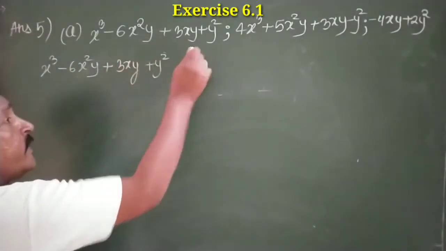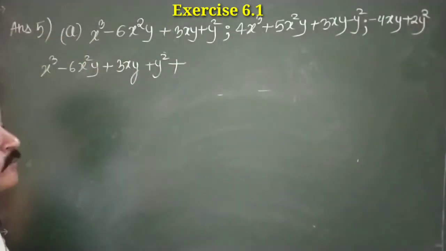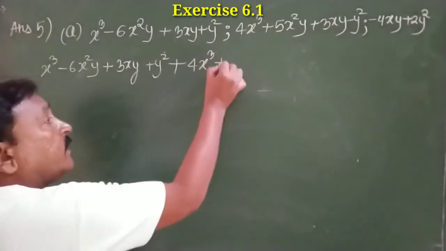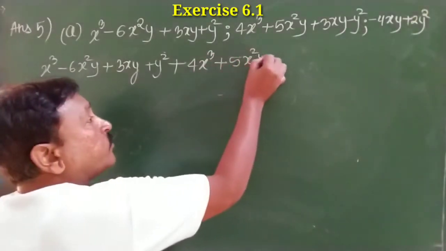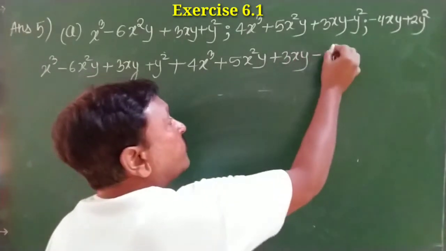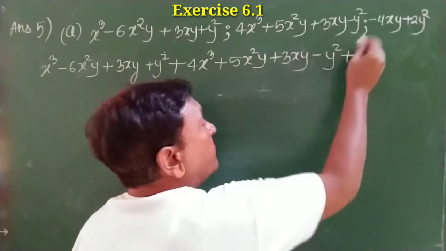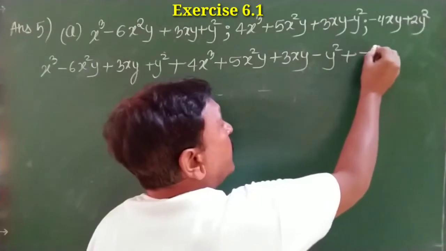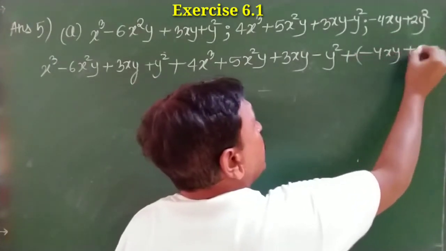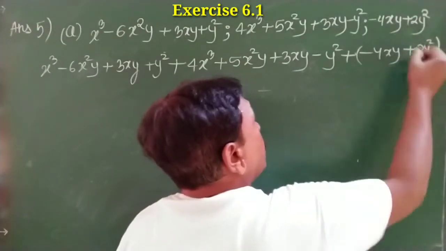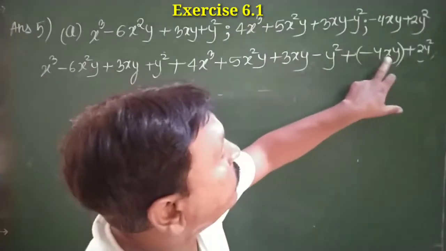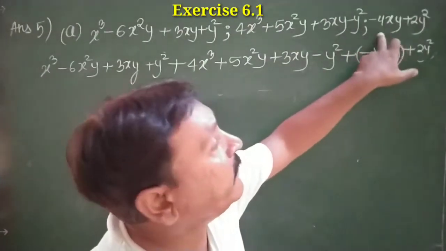This is the first expression, plus, because we have to add them, plus 4x cube plus 5x square y plus 3xy minus y square, plus, this is minus 4xy, so put one bracket, plus 2y square. Put the bracket on only minus 4xy, because this is a negative term.